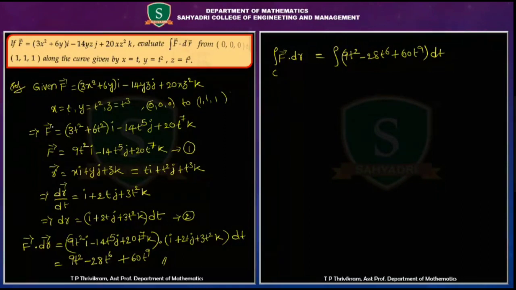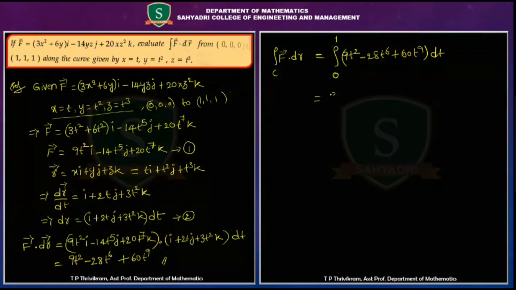Similarly, substitute x equal to 1, y equal to 1, z equal to 1 in these equations. So t equal to 1, t square equal to 1 implies t equal to root 1, which is 1 again. Next, 1 equal to t cube, t is equal to cube root of 1, which is also 1. So when x, y, z are 0, the t value is also 0. That means the lower limit is 0. When x, y, z are 1, you get t value also 1. So the upper limit is 1. So you have to write the integral from 0 to 1.